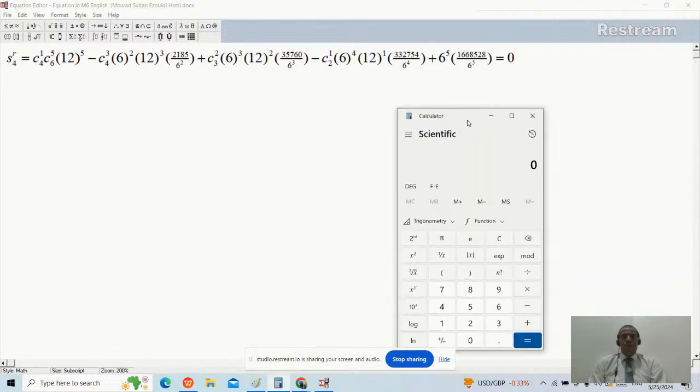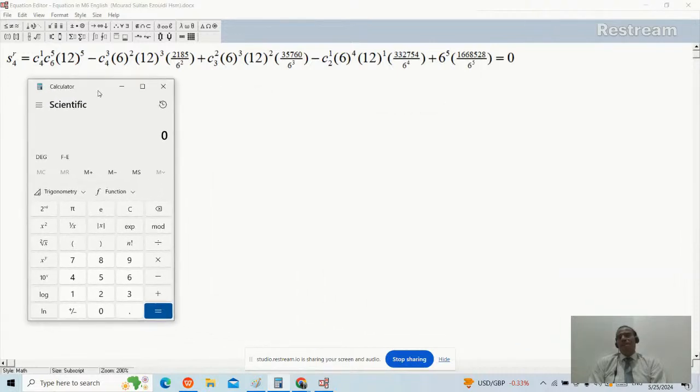I will start from this first. We have a combination, this is 24. I will write 24 times 12 raised to the power 5. Then minus combination 4 times 12 cubed times this one, 6 squared divided by 6 squared, no need to write it.